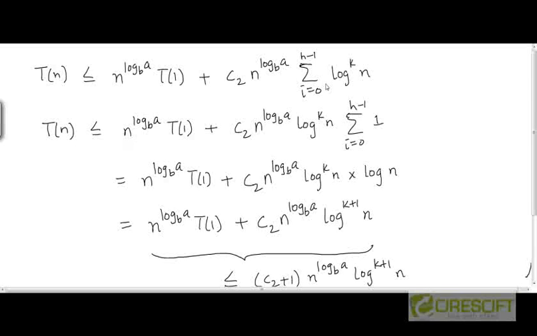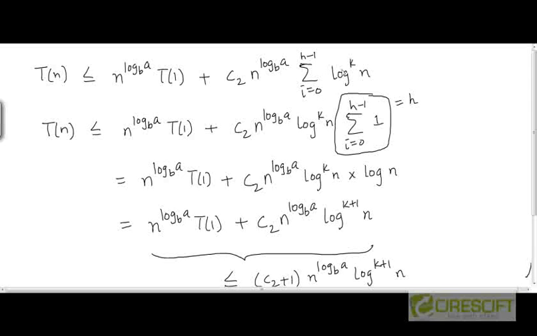So after substituting n by b to the power i by n, this is what we got. And then we could pull this out of the summation and we'll be left with a 1 inside. And because there are h terms, this is equal to h.